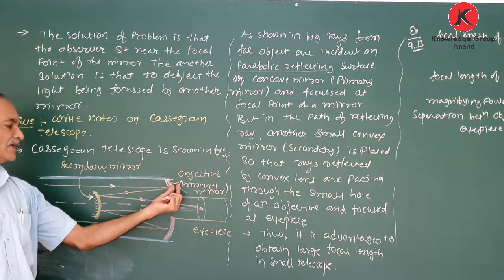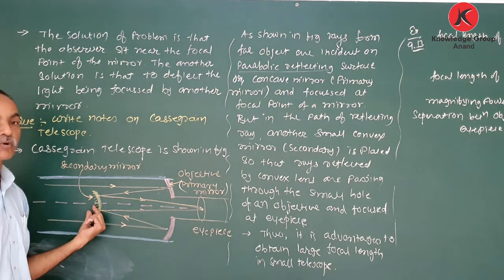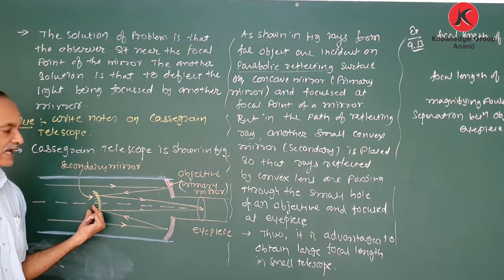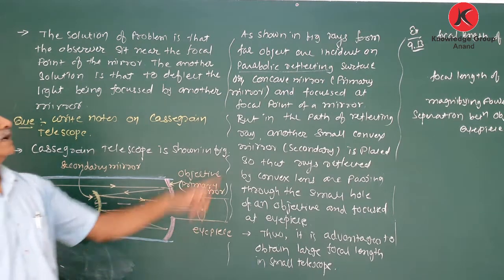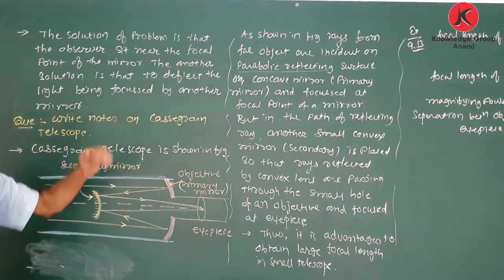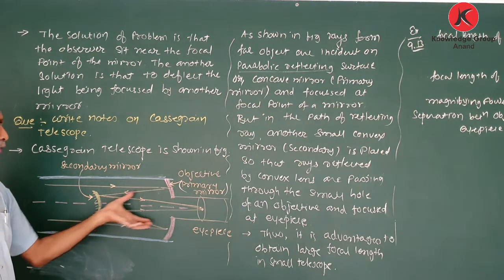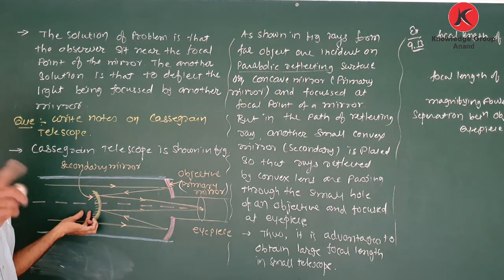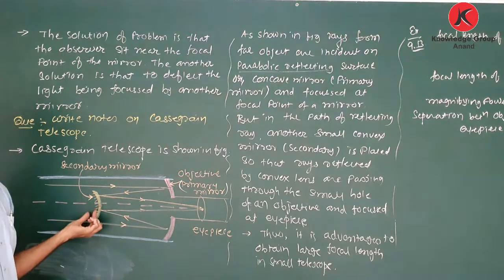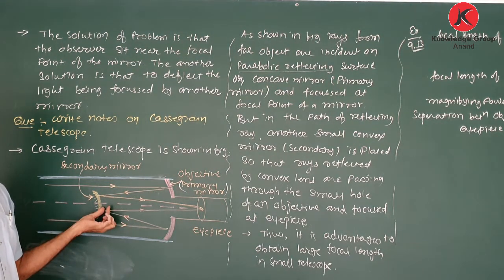The primary mirror is concave and the secondary is a convex mirror. The rays reflected by the primary mirror are focused at the focal point of the concave mirror.